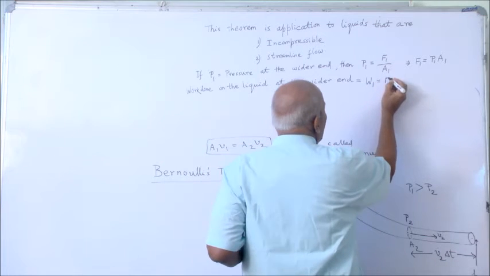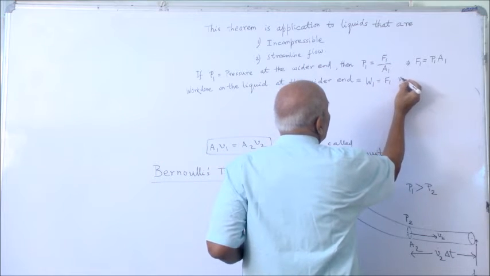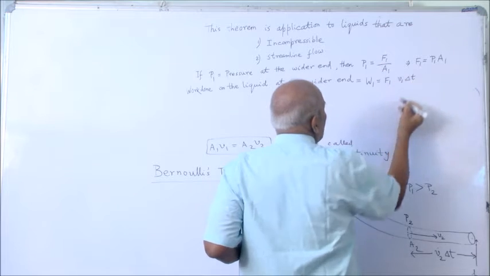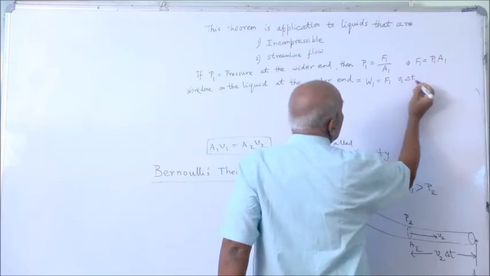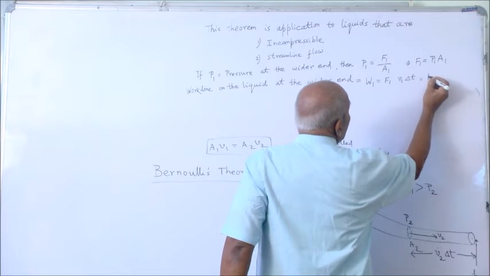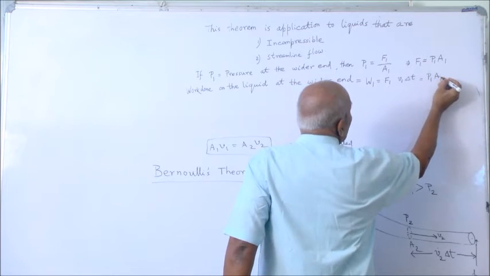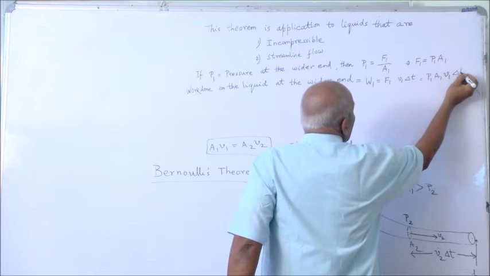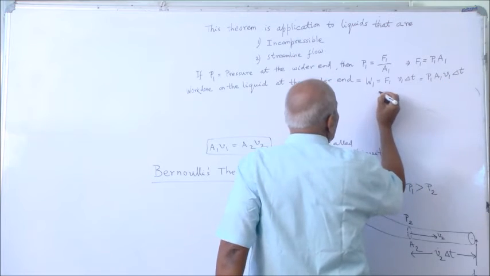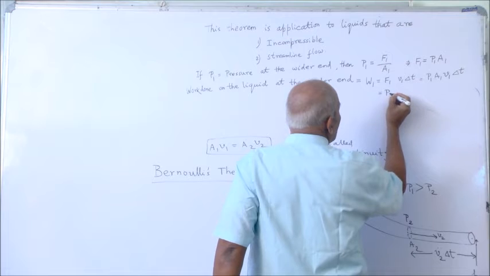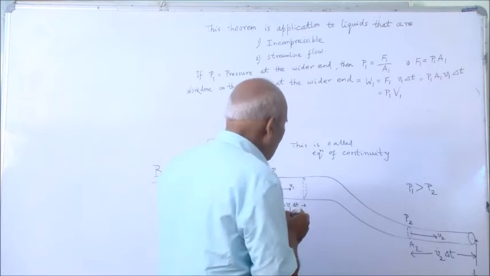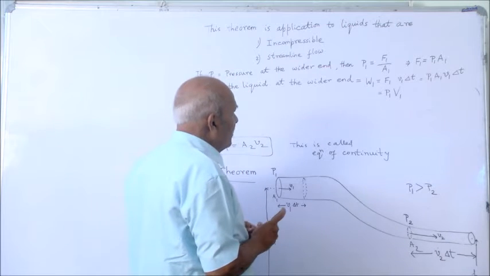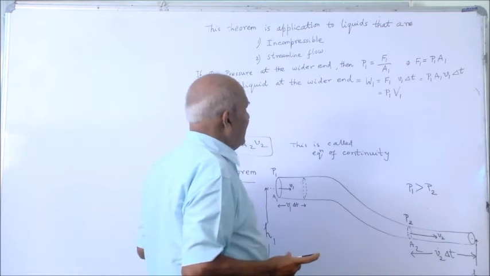So, it is F1, then displacement is V1 delta t. In a time delta t, the displacement is V1 delta t, and F1 is P1 A1, V1 delta t. So, that is equal to P1 capital V1. So, capital V1 is the volume of liquid flowing at the wider end.